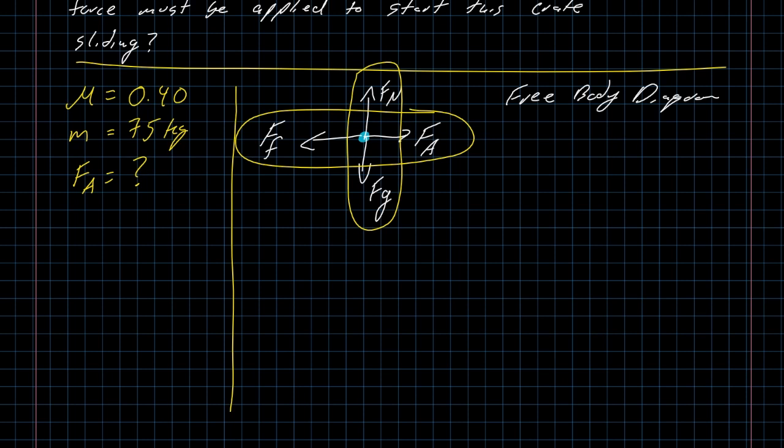So I know some things here. I know that the force of gravity is mass times gravitational acceleration. Mass is given to us, gravitational acceleration is not, but we'll assume that we are on the surface of Earth, so gravitational acceleration is 9.8 meters per second squared.